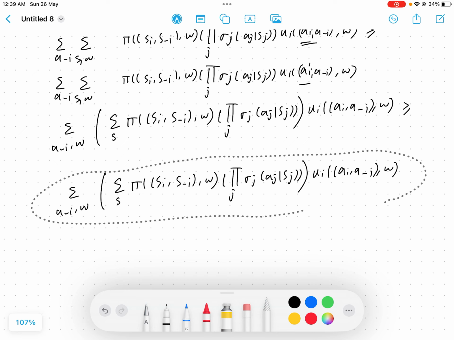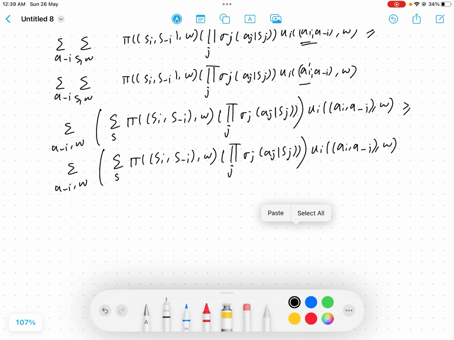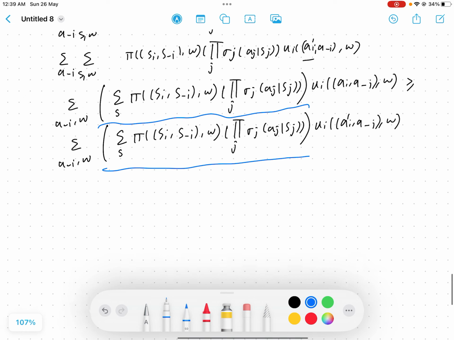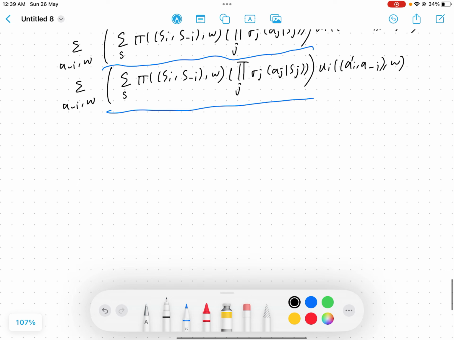Okay, that's too far. Let me just, okay, all right, good, prime. So this part in the bracket, those are the V's, right? And we have successively constructed the V's. So let me just write it again.